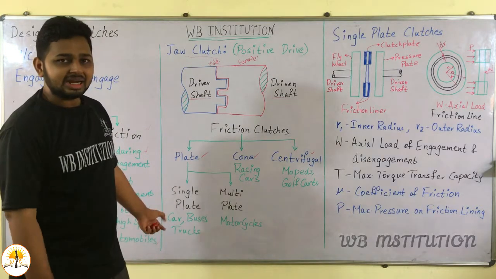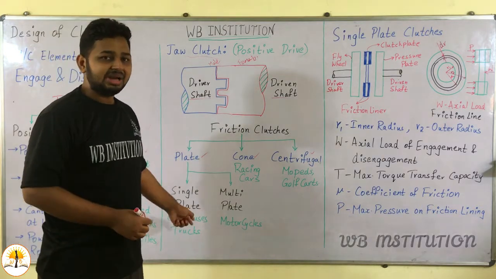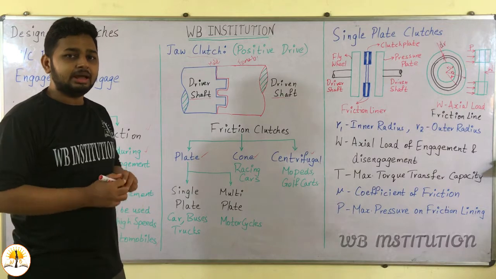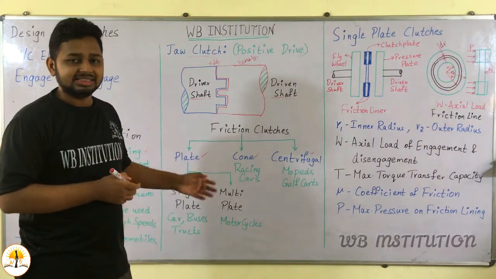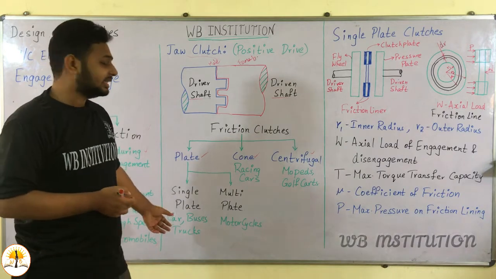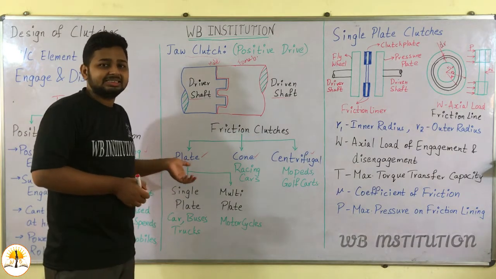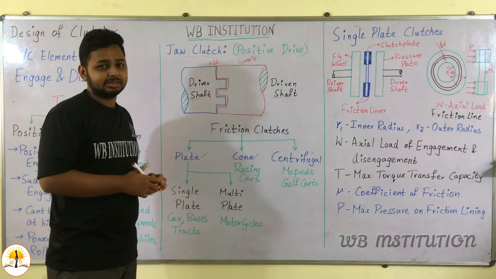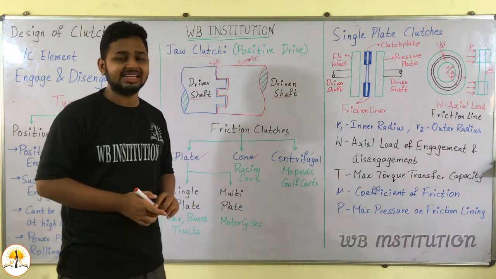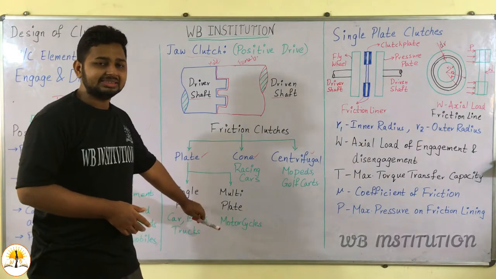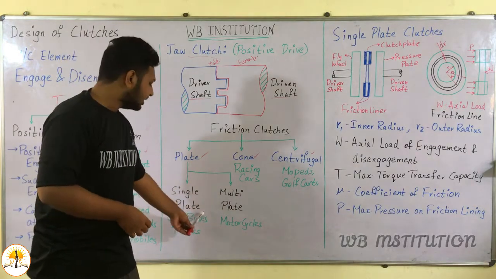The main applications of single plate clutches are in big vehicles, that is cars, trucks, buses, etc. Why? Because the construction of a single plate clutch is big, and multi plate constructions we can see in motorcycles. This type of clutch is used in motorcycles.